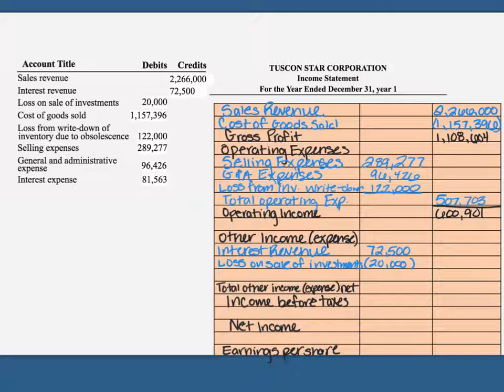And in our third non-operating item, we have interest expense. That could have been interest we were paying perhaps on a bond payable or some other sort of liability. That's going to be $81,563.